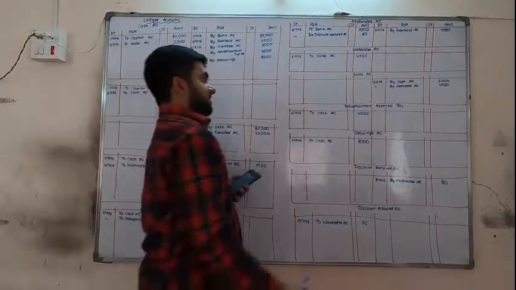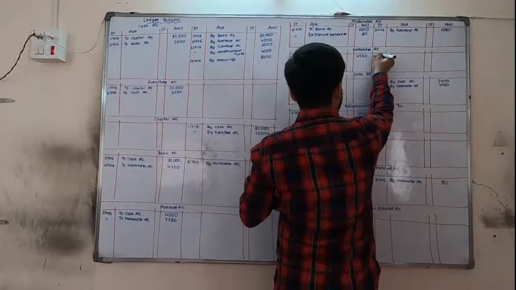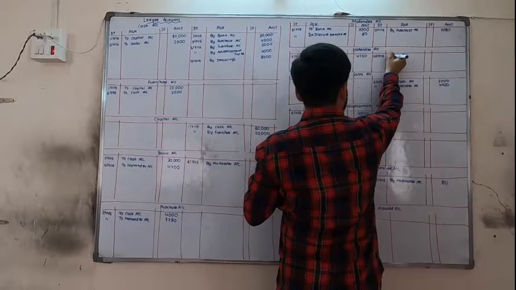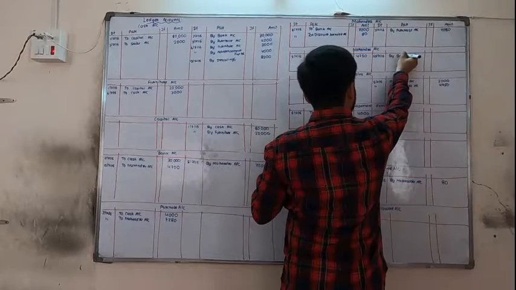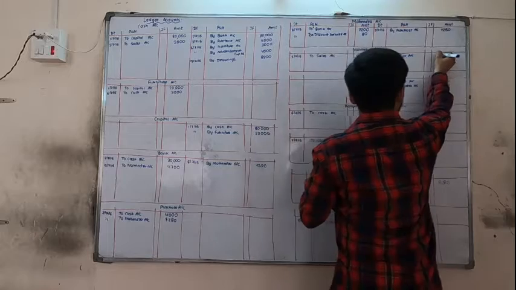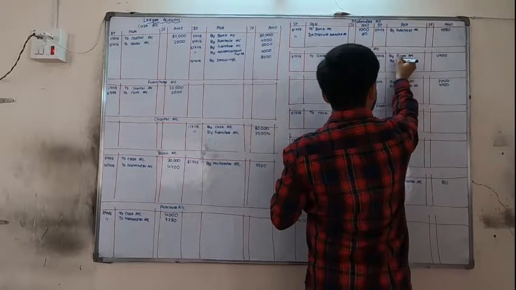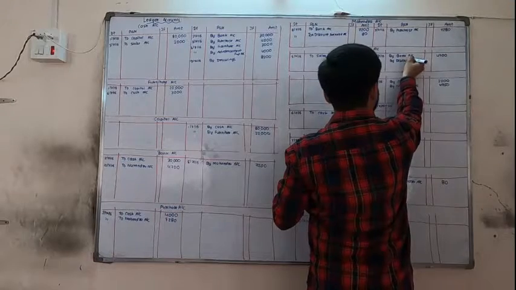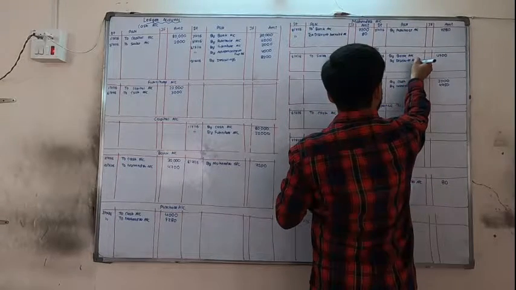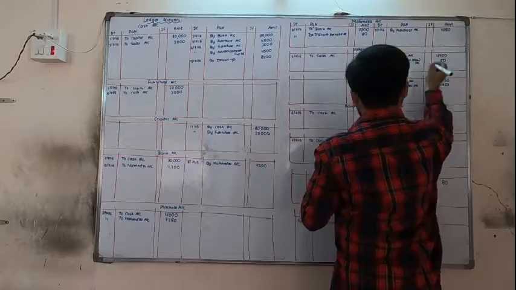And Narendra is credited for both these. So credit side of Narendra, both these things, by bank account 4700, on the same day by discount allowed account 50 rupees.